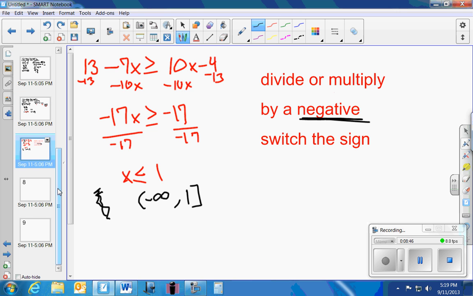And then when I come back to this guy, when I actually go ahead and do it on the number line, I have x equals 0 and x equals 1. I will then have a closed dot here, and I will point the direction of my greater than or less than sign.